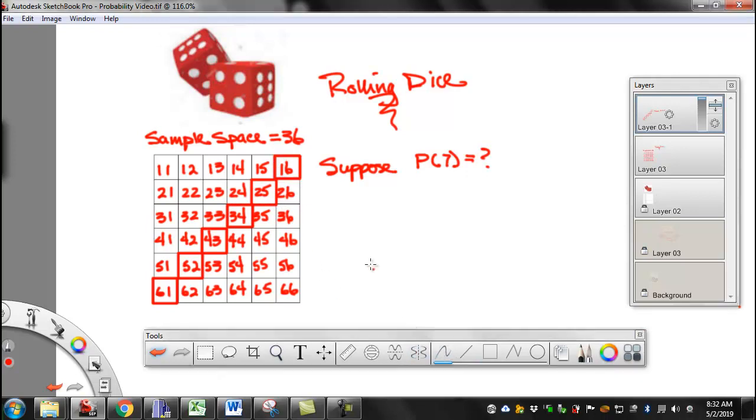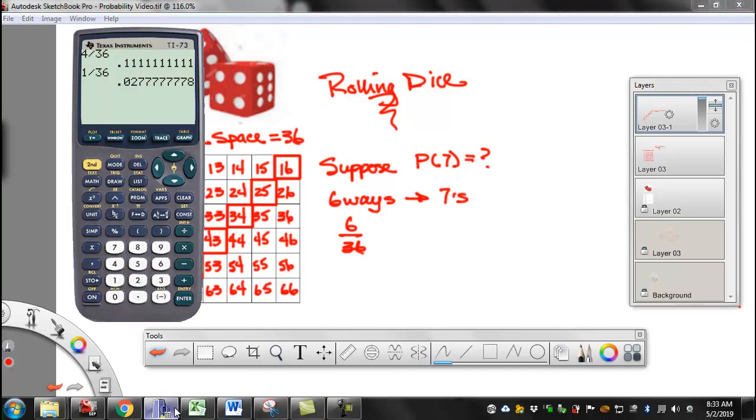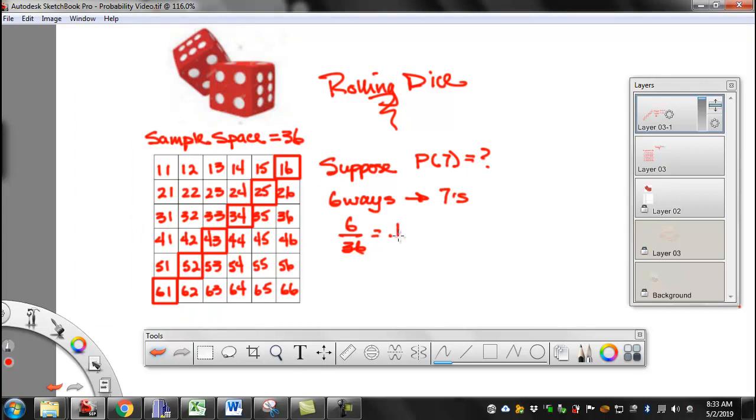It looks like there are 6 ways to roll a 7. So 6 divided by 36, done on my calculator, is 0.167. So that is how you figure the probability of dice.